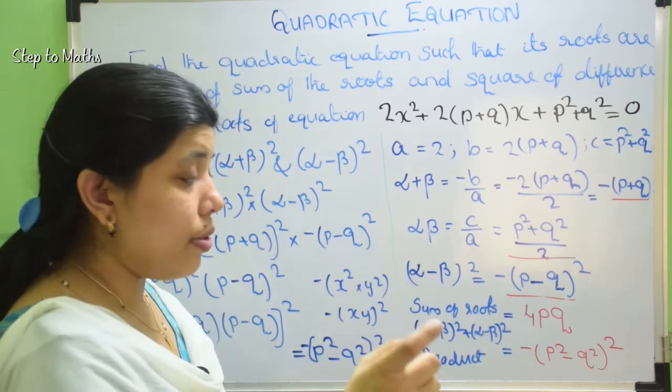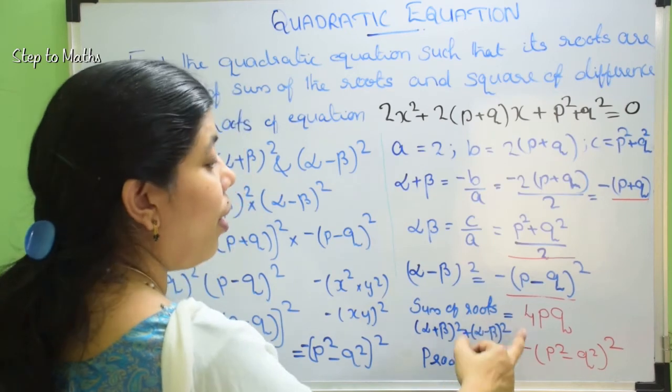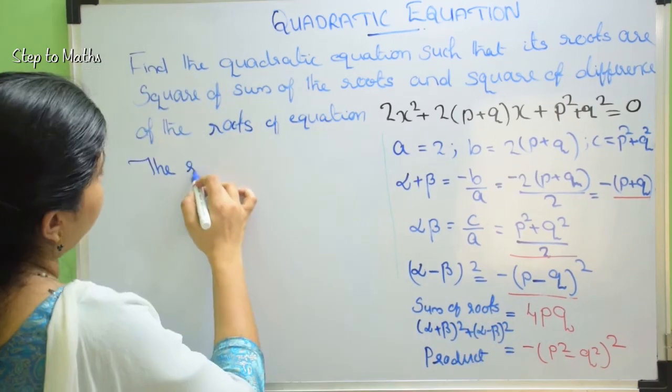Now we know the values of the sum of roots and product of roots of the required quadratic equation.